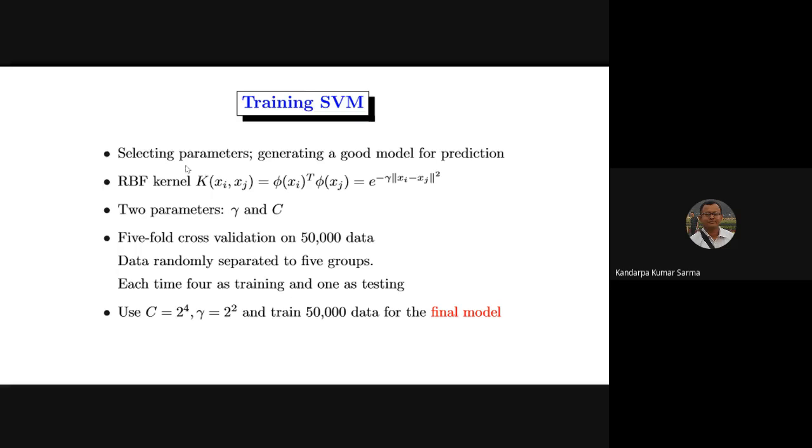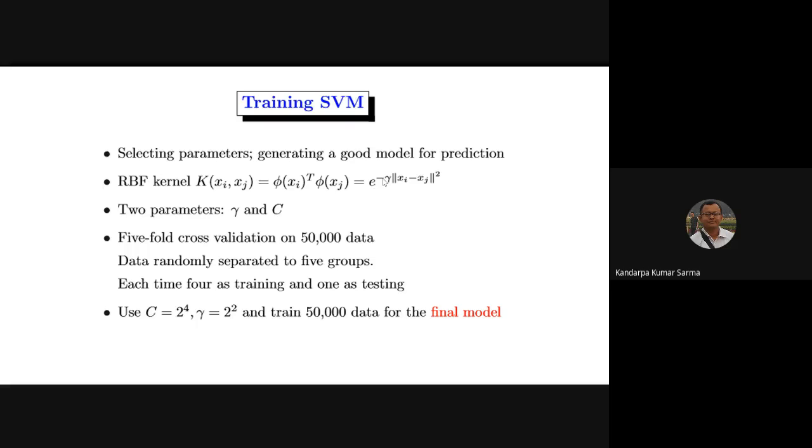You first need to do the selection of the parameters. Then you need to select a radial basis function kernel as we have defined it previously. We need to have a Gaussian kernel.